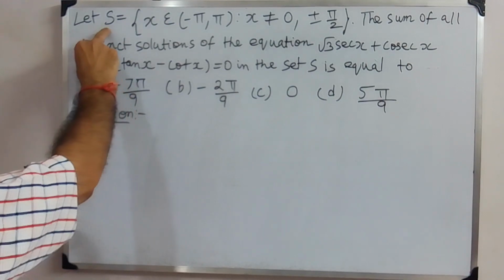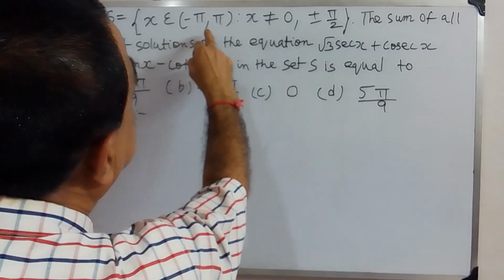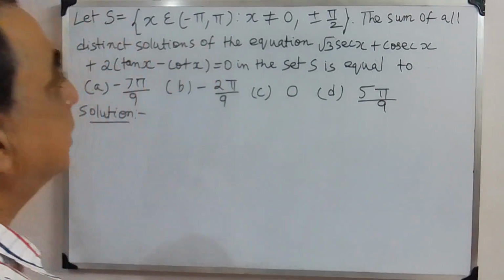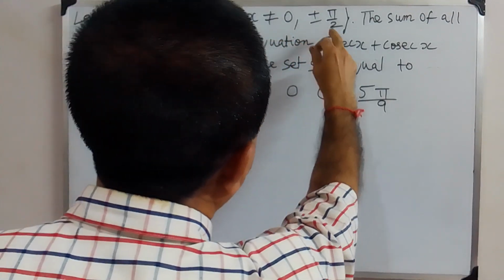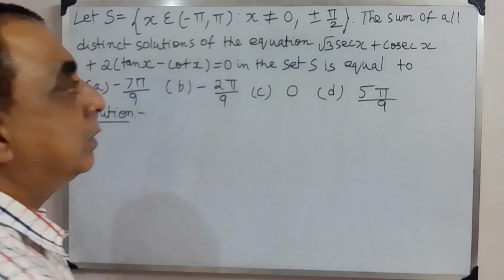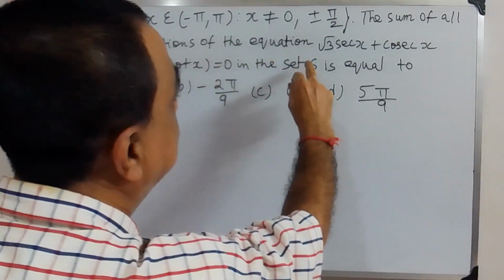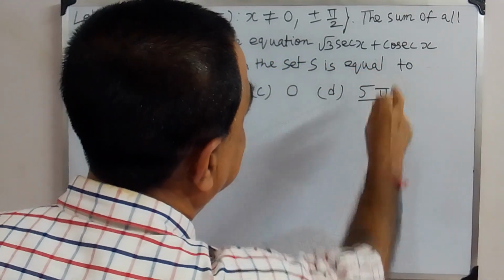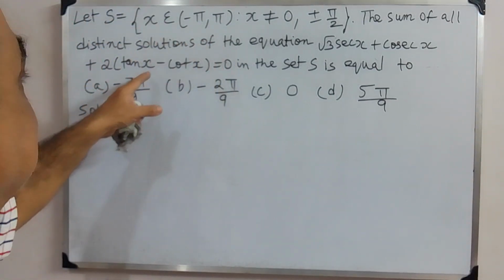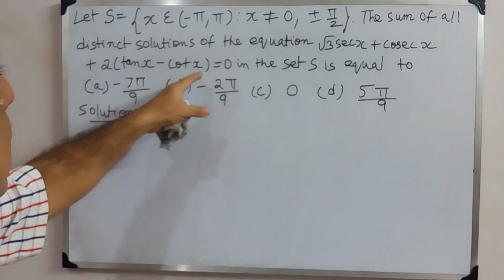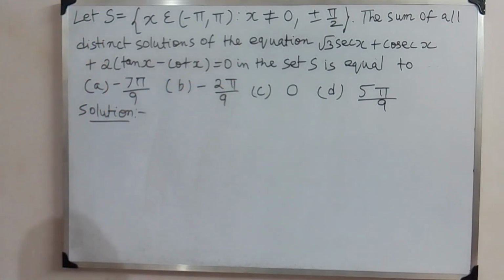Let S equal the set of x in (-pi, pi) such that x is not equal to 0, plus or minus pi by 2. The sum of all distinct solutions of the equation root 3 sec x plus cosec x plus 2 tan x minus cot x equals 0 in the set S is equal to.